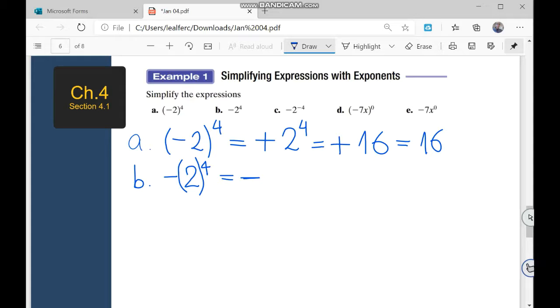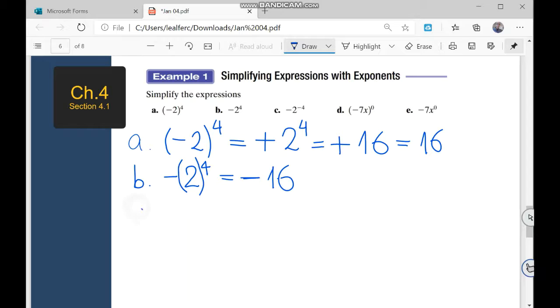So we will have 2 exponent 4, which is 2 times 2, 4 times 2, 8 times 2, 16. This is going to be negative 16. Completely different from the first one. See, the first is positive 16, the letter A, and letter B now is negative 16.